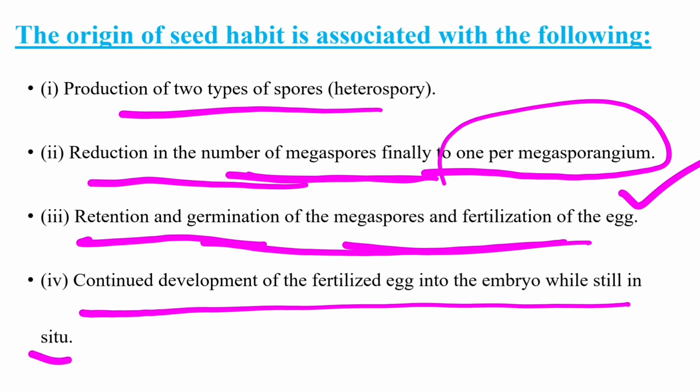The fertilized egg, after fusion with the male gametophyte, grows inside the megasporangium and develops into embryo in that position, which is known as in situ.